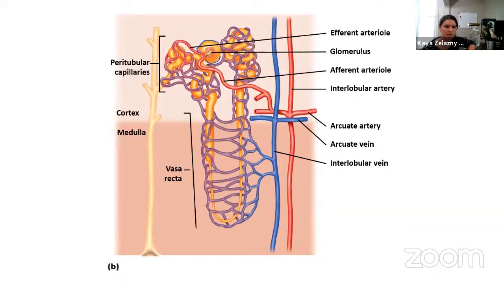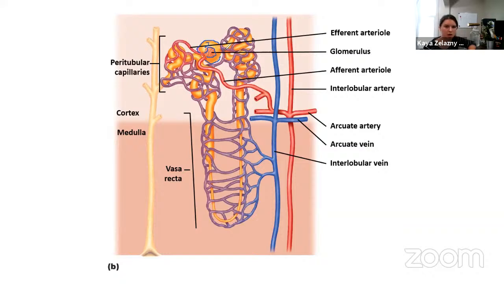So the renal corpuscle is composed of the glomerulus. So the glomerulus is actually basically a bunch of capillaries, right? Like a knot of capillaries in this structure called Bowman's capsule, which includes a space called Bowman's space. We'll take a close look at that in a second.